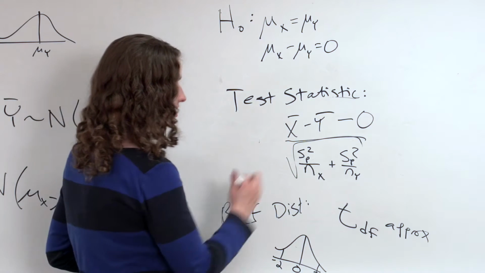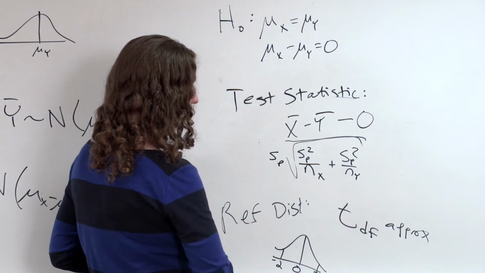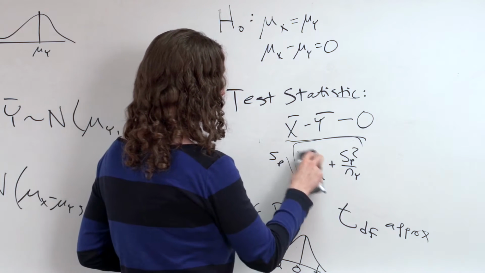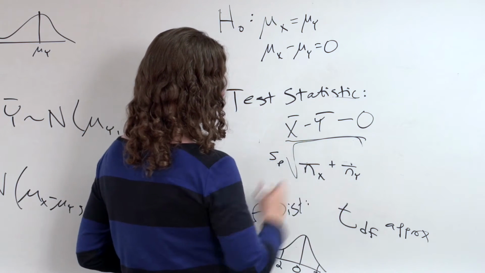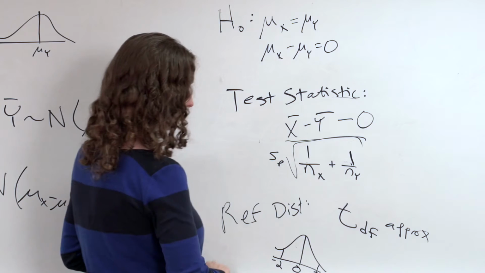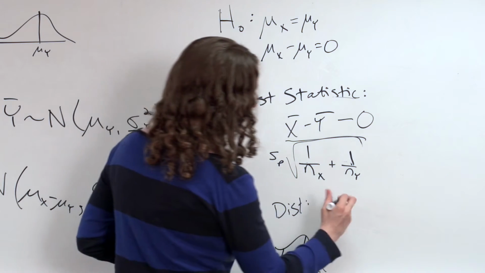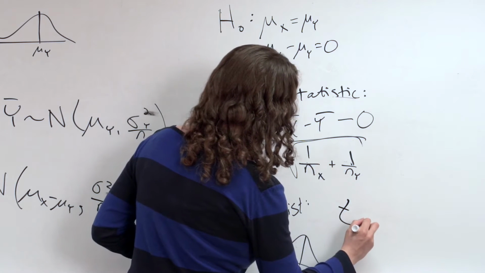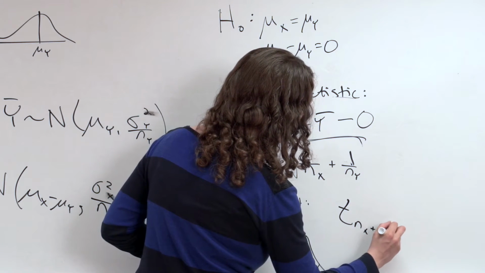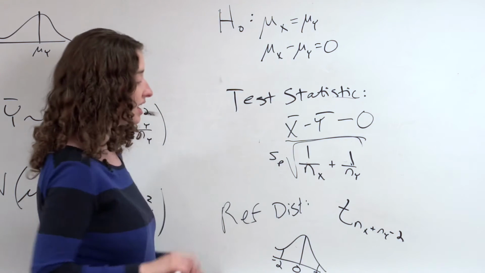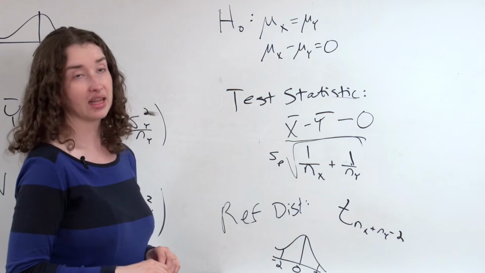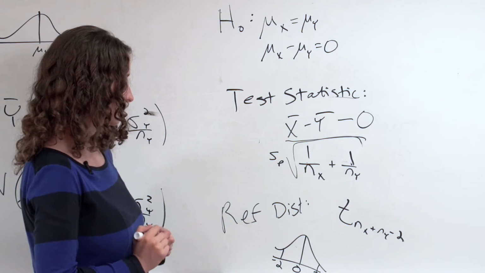If I'm going to do this, I may as well factor out the SP squared and take it out of the square root, and what I get is this: 1 over NX and 1 over NY. The reference distribution for this turns out to exactly be a t-distribution with NX plus NY minus 2 degrees of freedom, but if NX and NY are pretty big, that looks exactly like a normal distribution for all practical purposes.